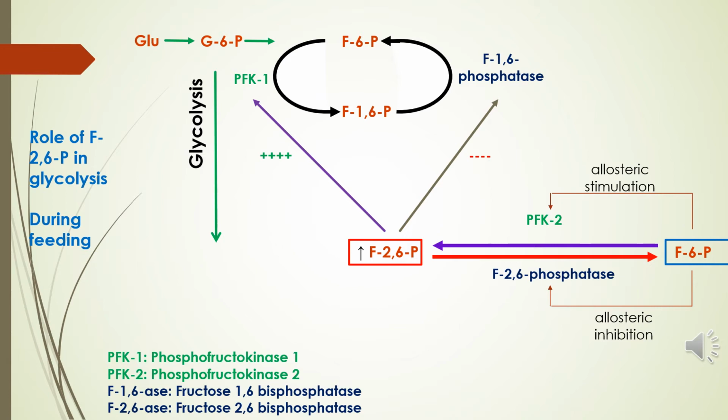The first enzyme converts fructose 6-phosphate into fructose 1,6 bisphosphate, and then the process of glycolysis continues, and the other one, the second one, which is phosphofructokinase 2, converts fructose 6-phosphate to fructose 2,6-bisphosphate.